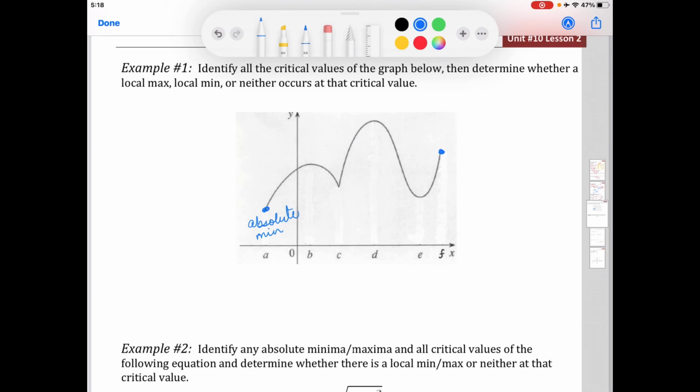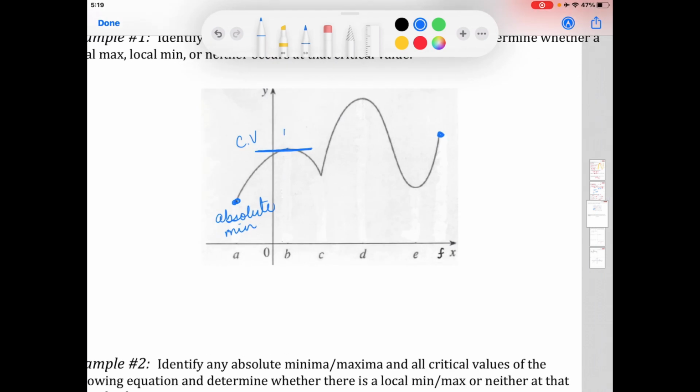So it's nothing as of now. So here let's look for critical values wherever the slope of the tangent line is equal to 0 or does not exist. So here you have your critical value. I'm just going to use CV for critical value, and that's your relative max, right?